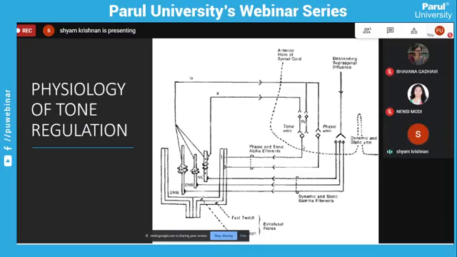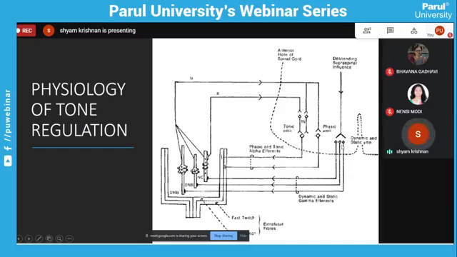Now you can see that the activity of the intrafusal muscle fibers is regulated by another neuron which arises from the spinal cord. You can see this vague outline out of the spinal cord.